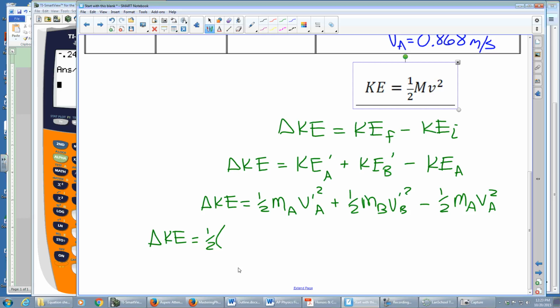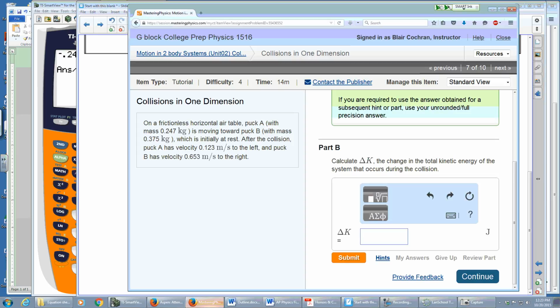Yeah. And now you're just substituting in, let's see, the inertia of A was 0.247, right?